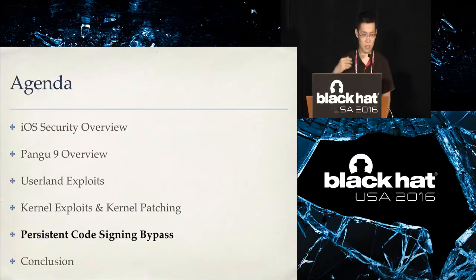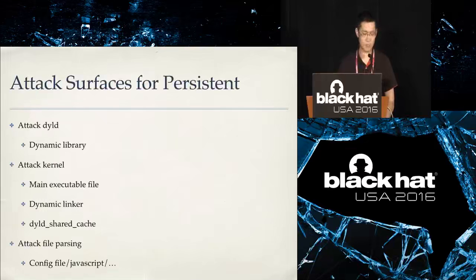Okay, so after talking about the vulnerabilities and the ways to defeat KPP, we will talk about how the Pangu 9 jailbreak achieves persistence. Usually, persistence is the hardest part of an entire jailbreak, because the attack surface for persistence is not very large like other attacks.